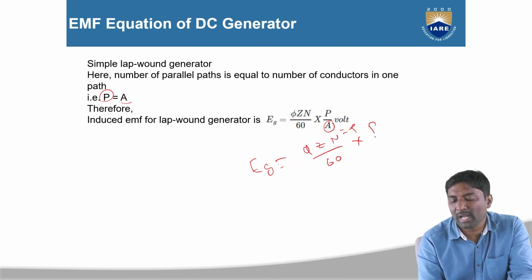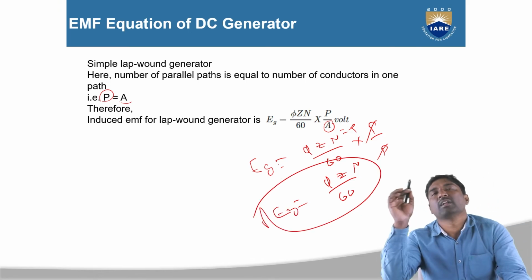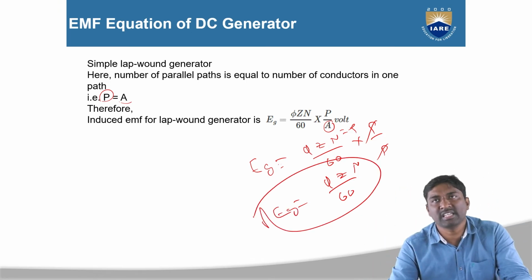This is for a lap winding DC generator. So this is about the EMF equation of the DC generator.